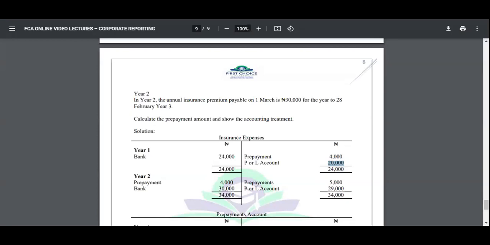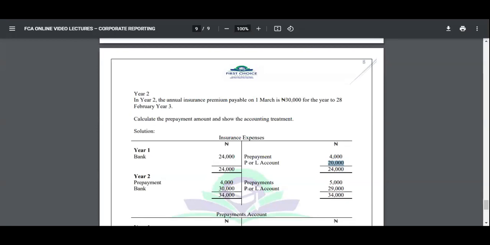So from March to 31st March, that is how many months? That is 12 months, right? And 30 divided by 12 is that much. So this is 30,000 naira divided by 12.